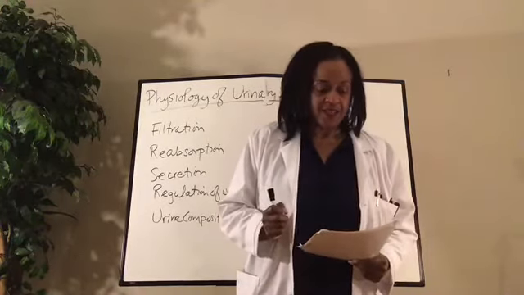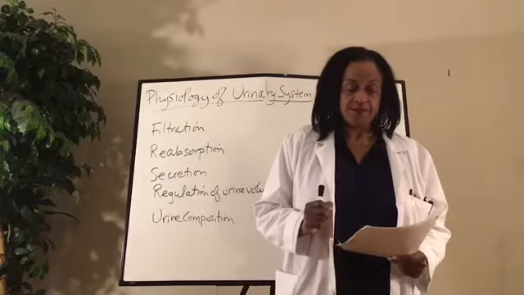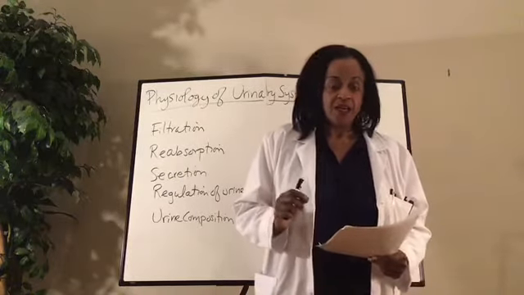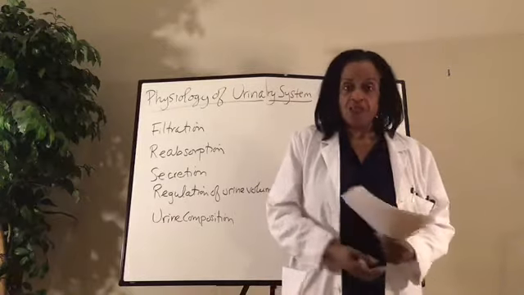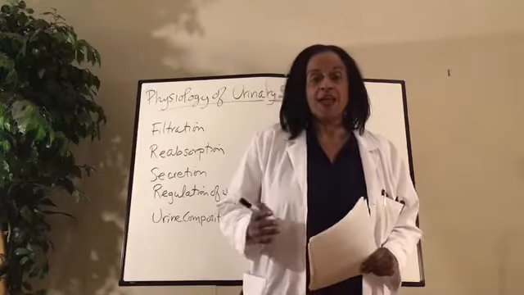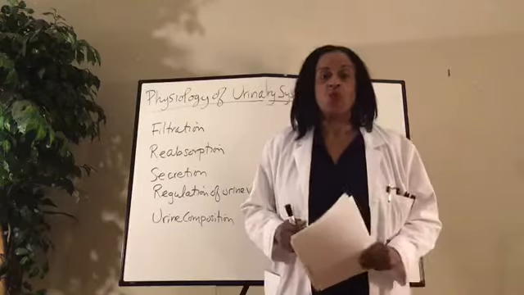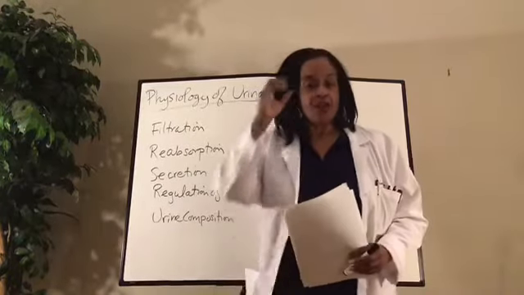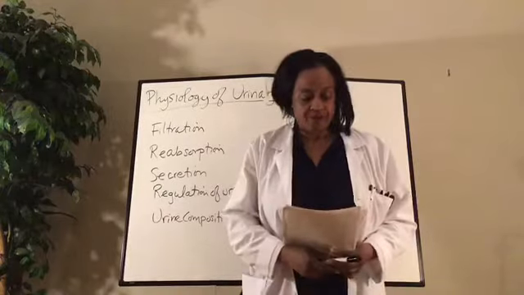Nitrogenous wastes from protein metabolism, that's urea, leave the blood through the kidneys. So when protein breaks down, its waste product is nitrogenous waste, and that will be in the form of urea.